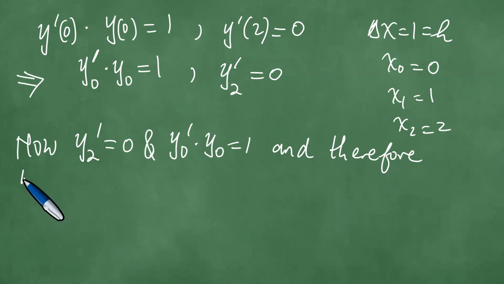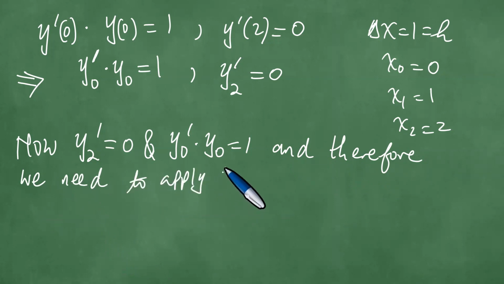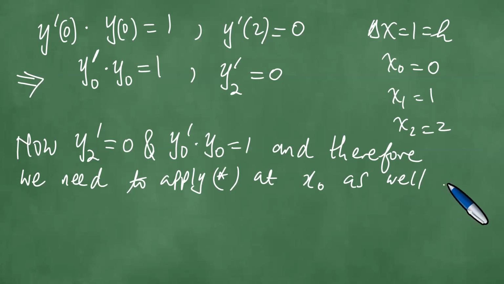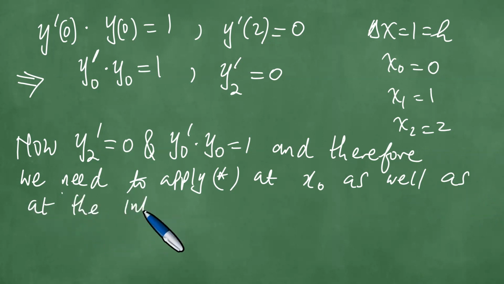And therefore, we need to apply star at x naught. Okay, we got that equation star at x naught as well as at the interior grid points.